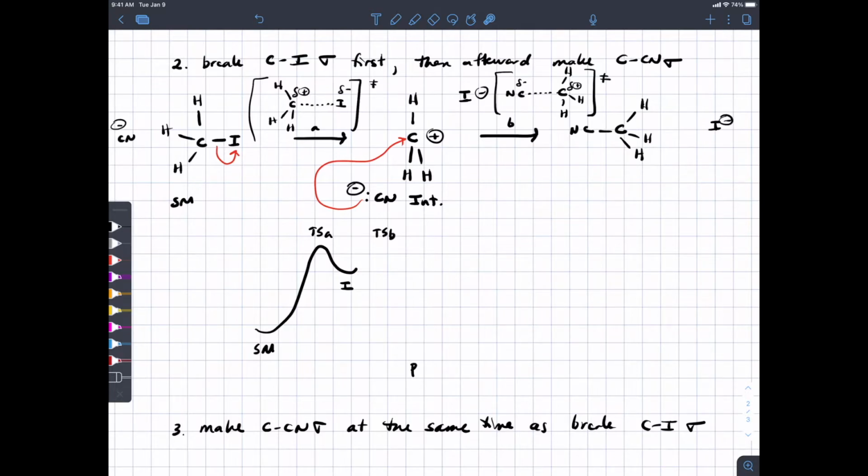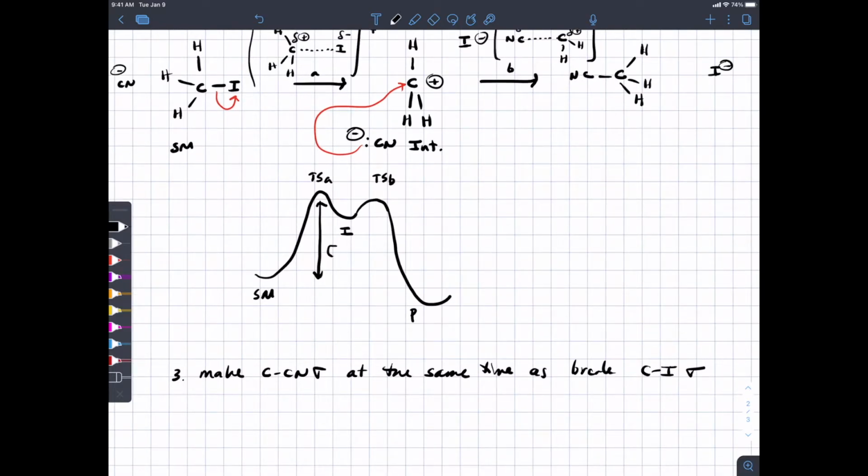In any case, even if they're very close in energy, the activation energy for this reaction is EA. That is the difference in energy between transition state and starting material.